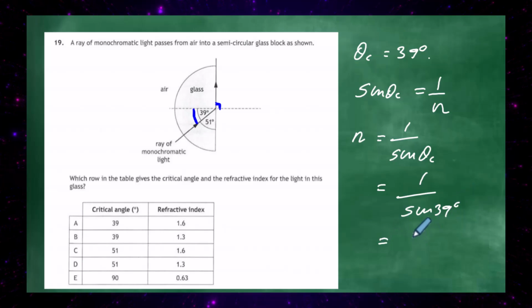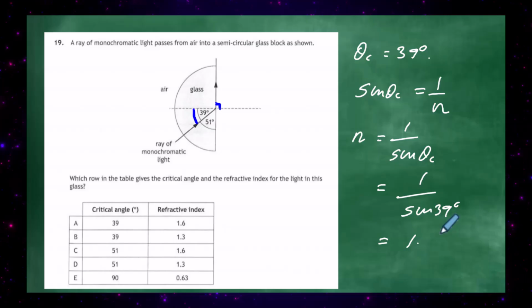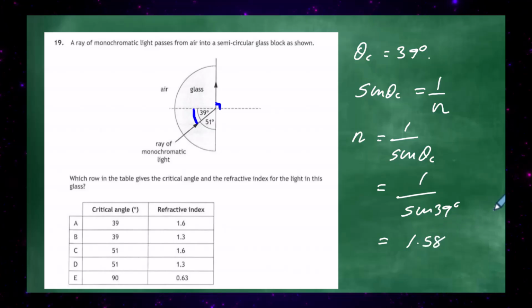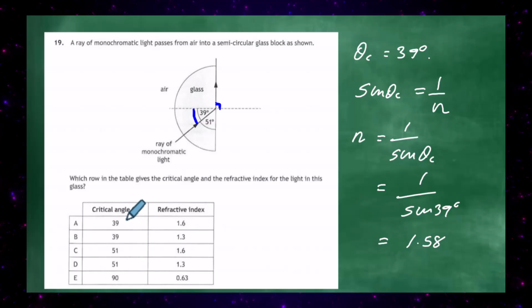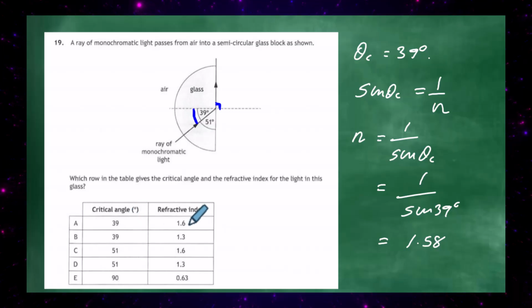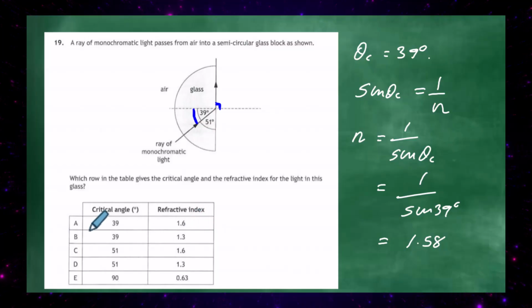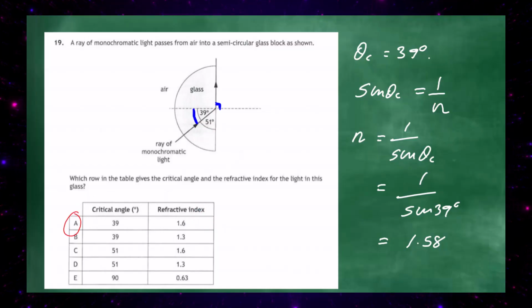We end up with a refractive index equal to 1.58. So we're looking for 39 degrees and 1.58. We have got no 1.58, but if we go to two significant figures, it'll be 1.6. So our answer is A.